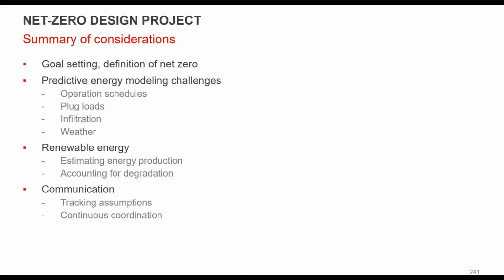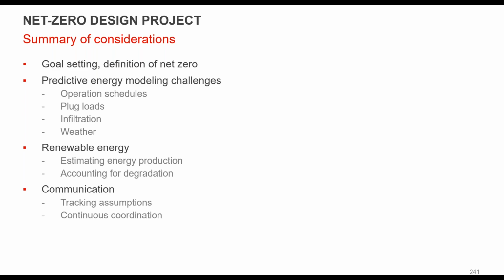Summary for this particular project: goal setting and the definition of net zero were critical. That gave a target that everybody was working against. But as Tiana said, the operations schedule, plug loads, and the uncertainty related to those are really key. Infiltration as well: you're making an assumption about construction quality and how well they're sealing holes, and also weather, as we talked about at the beginning.